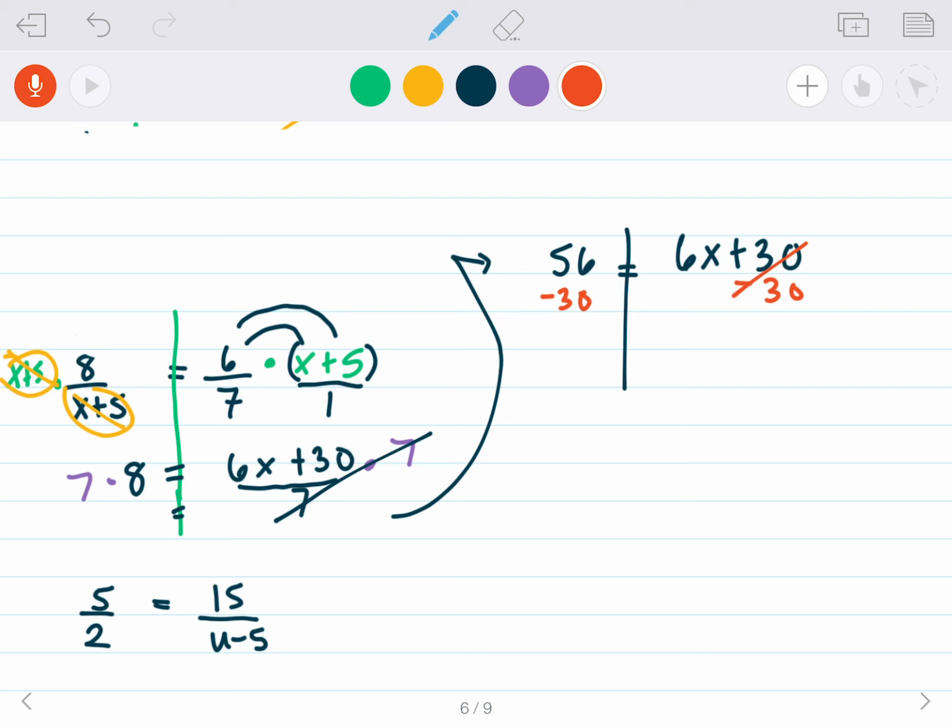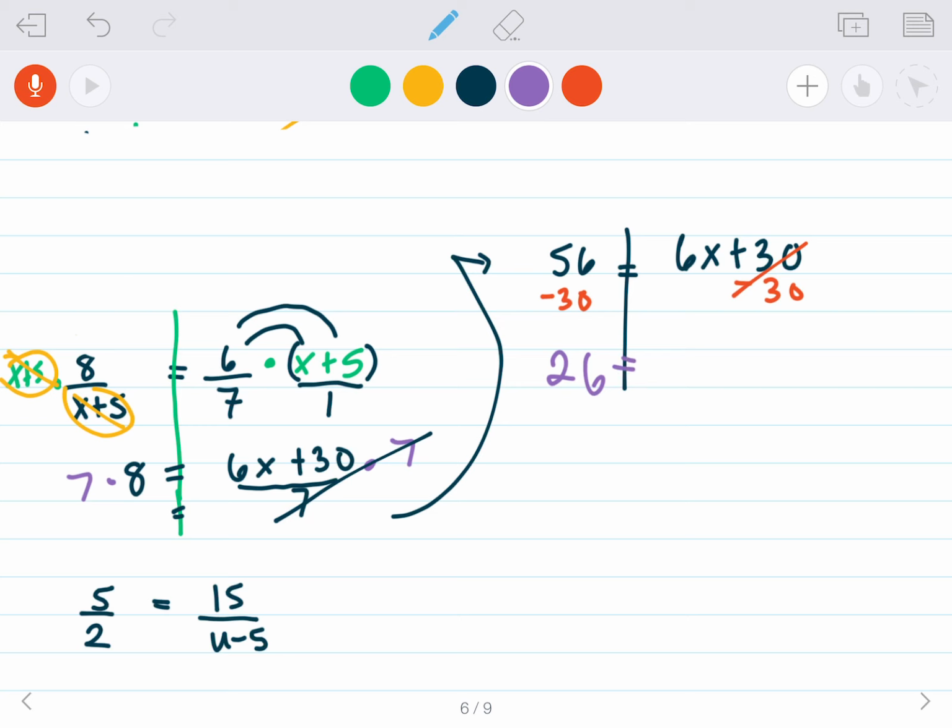That clears. Now 56 minus 30 is going to give me, I swear, y'all, I can't do arithmetic today. I don't know what's going on. It's like I'm having a brain glitch or something, but 56 minus 30 is not 20, it's 26. There we go.